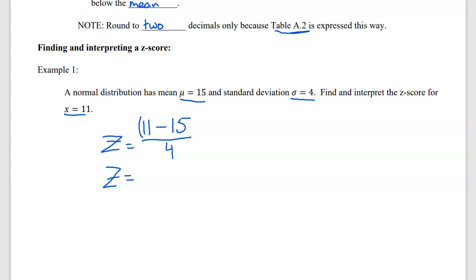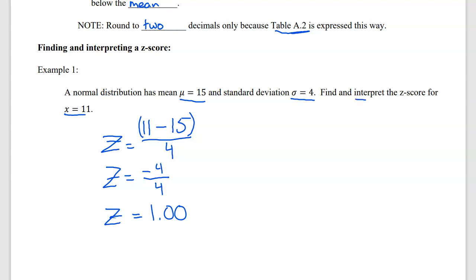If you do, make sure you put parentheses around that numerator, because you've got to calculate that numerator first. Or you can do the calculation 11 minus 15, which will give you a -4 divided by 4. So you get a z equal to -1.00. And yes, I am going to put the 0.00 because when we go into our table, we need to know what those two decimal places are.